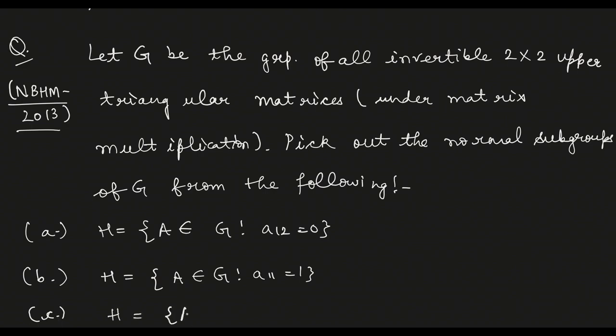H equals A belongs to G such that a11 equals a22. Try this. This is MSQ. More than one option can be correct.